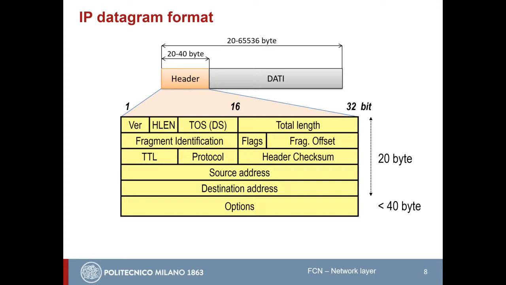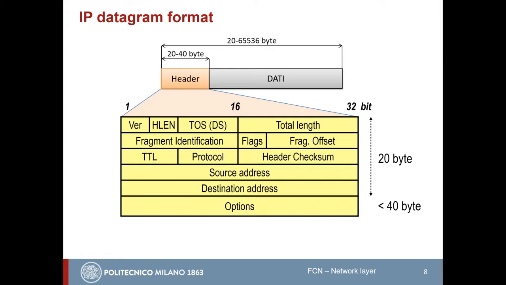As you can see, the header is usually represented graphically as a sequence of rows. Each row is 32 bits long, and this is to adapt to the IPv4 addressing mechanism, where IP addresses are 32 bits long. And also the partition of the header into different fields reflects this size.